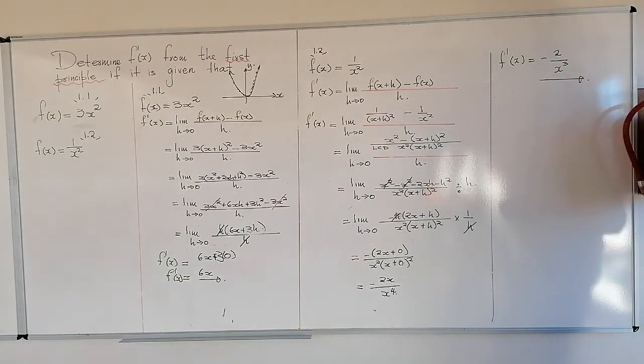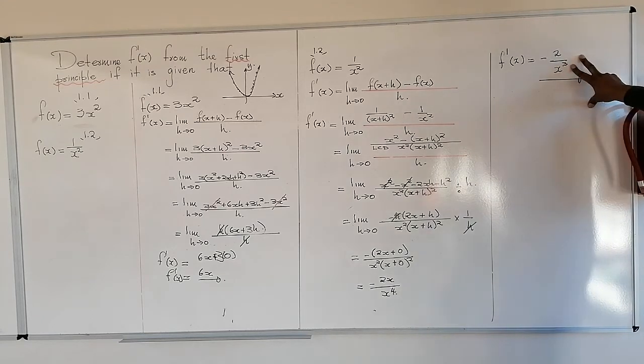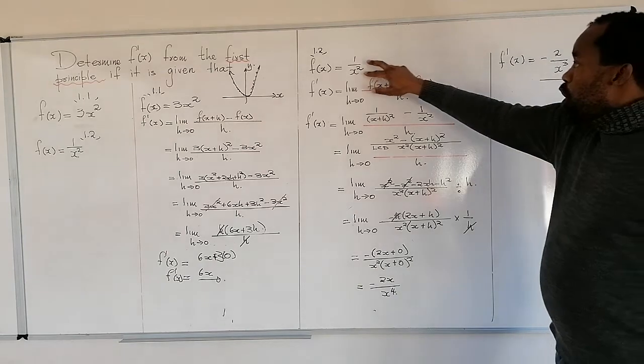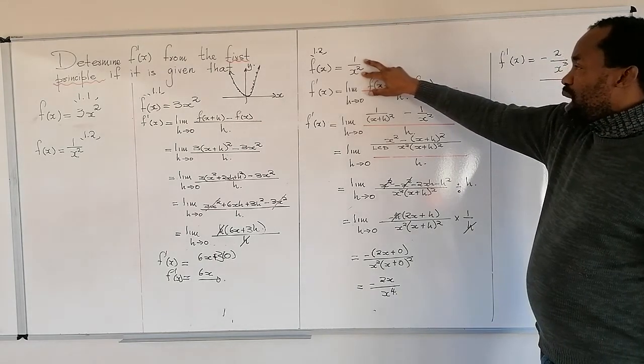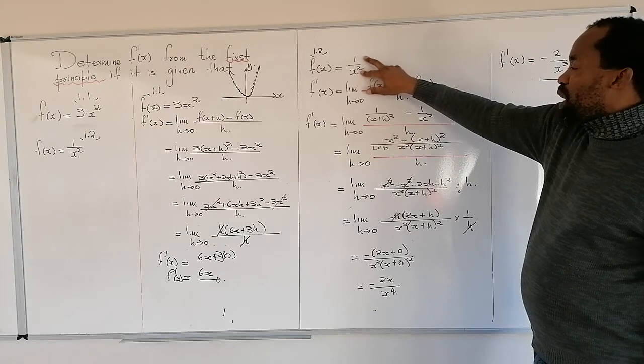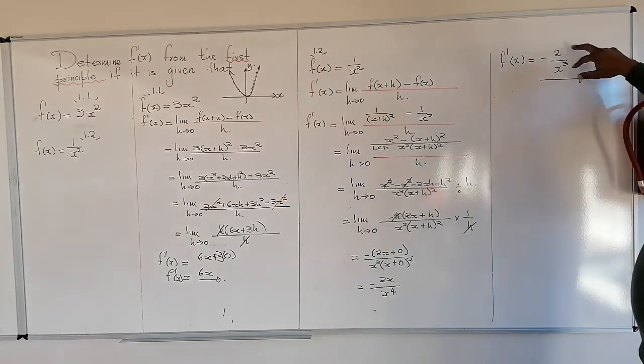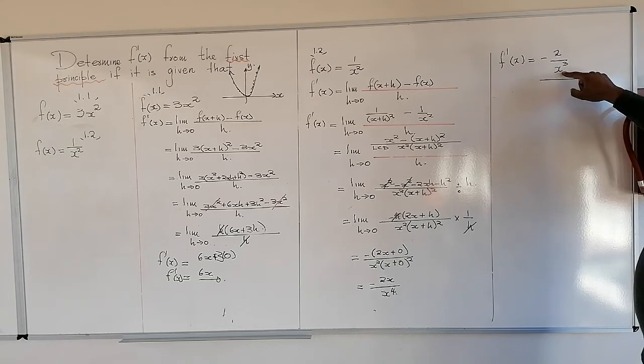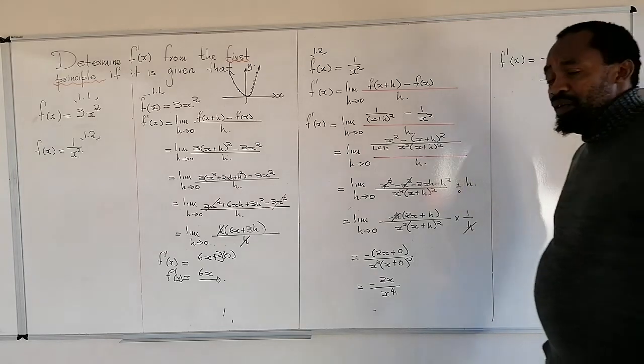That's it. What is this? This is now the gradient function of this particular function. It means everywhere in this function, the gradient is minus 2 divided by x to power 3.